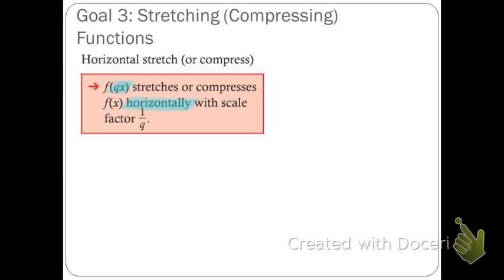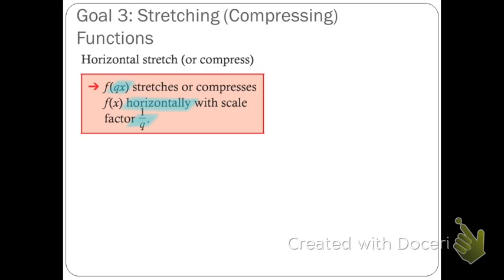Alright? And multiplying by that number q will stretch the graph by a scale factor of 1 over q. So if you multiply the input value by 3, that will stretch by a factor of 1/3. If you were to multiply by 1/5, that would stretch it by a factor of 5.